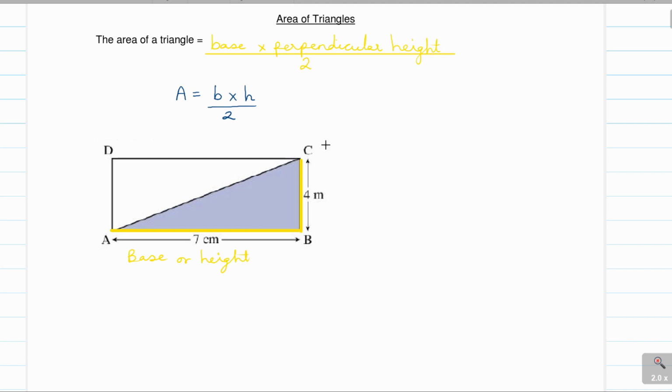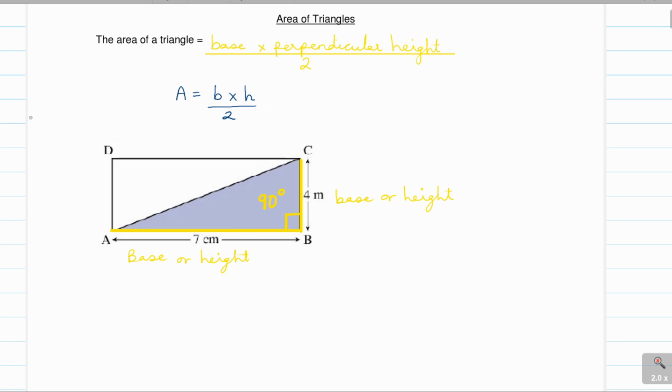If I flip this rectangle 90 degrees, this could be my base or my height. The most important thing is to look to see where they are forming 90 degrees. Okay, so we know a right angle forms a 90-degree angle.